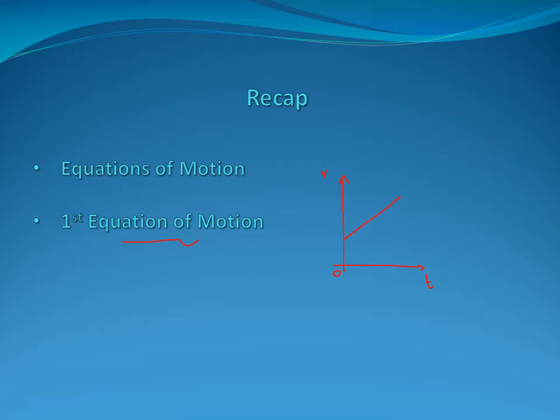This point is the initial velocity, and with the passage of time the body gets accelerated, its velocity increases, and after time t, the velocity of the body has increased to Vf.